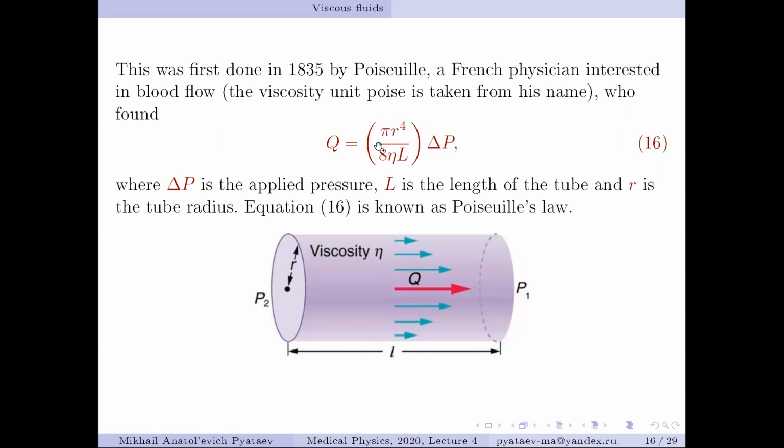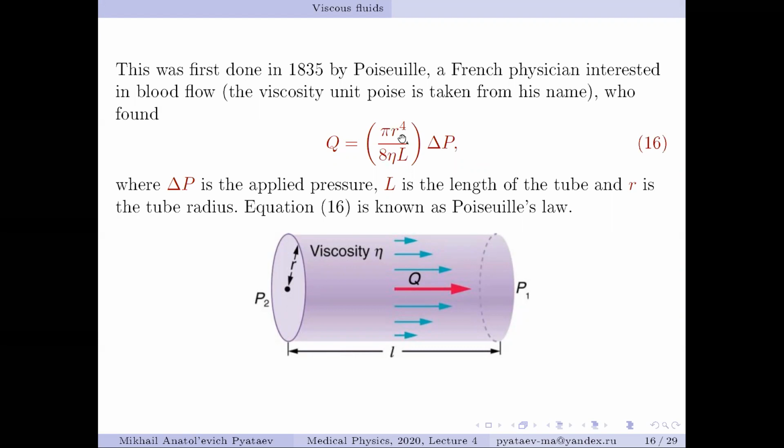And this formula is represented here. It is equation 16. One can see that flow rate is proportional to R to power 4.